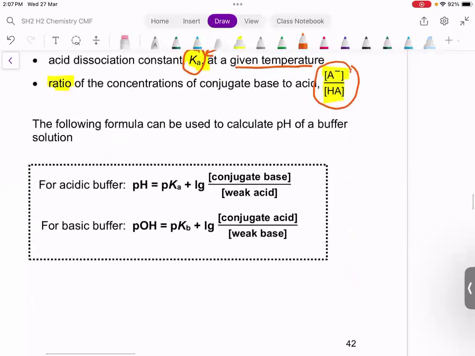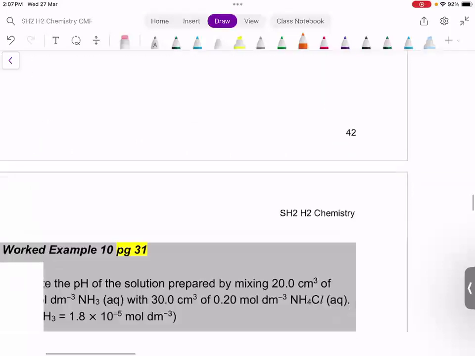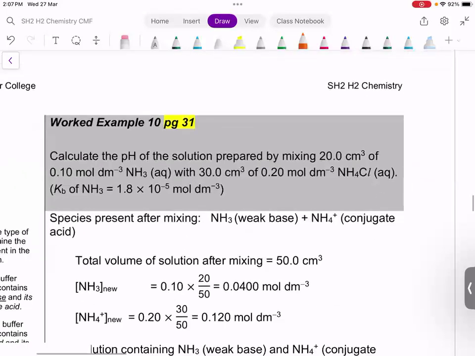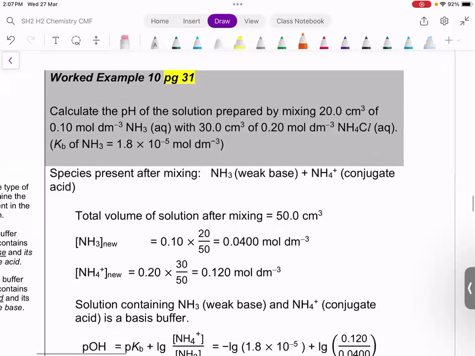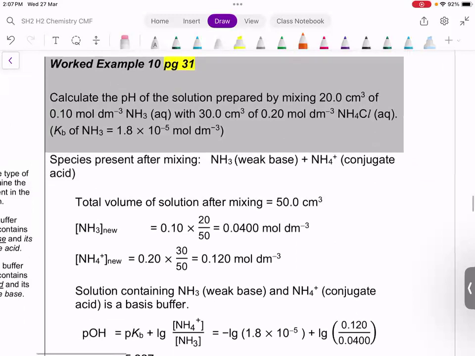Okay, so this is what it's going to look like. So with this in mind, right? So let's quickly look at work example 10. In this work example 10, you are mixing ammonia and the ammonium chloride. Okay, so these two solutions, there's no reaction. No reaction, so no need to write an equation.